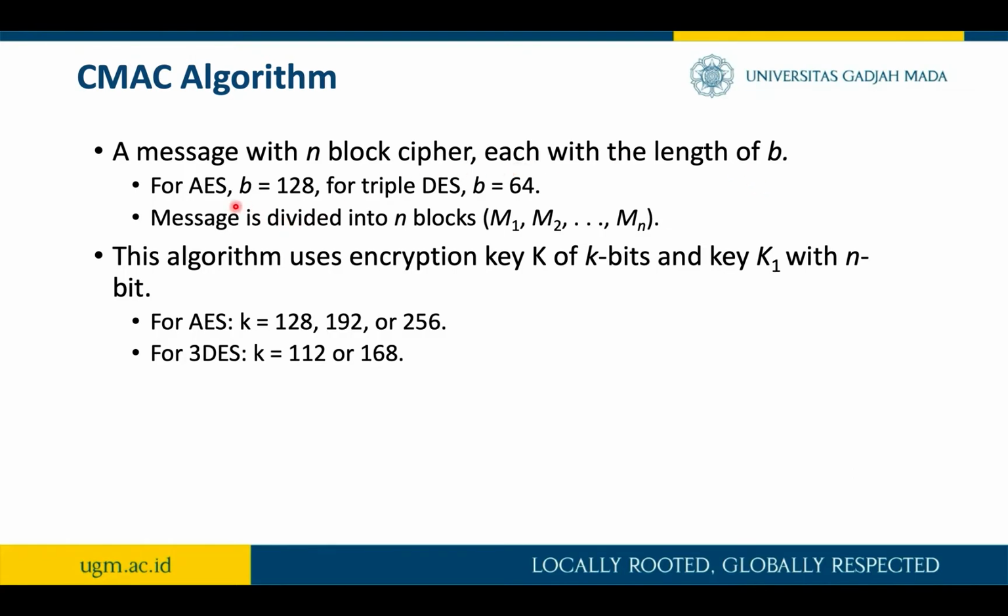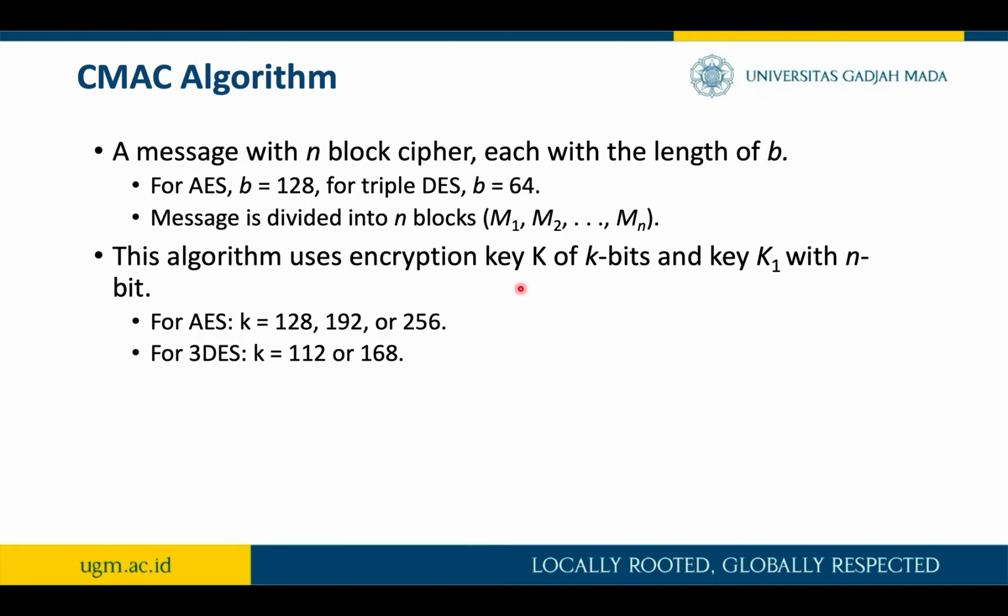So for AES, the length of the block is 128. For triple DES, the length of the block is 64. But we don't use just DES here. At least we use triple DES. So the message will be divided into n blocks, starting from M1 to Mn.